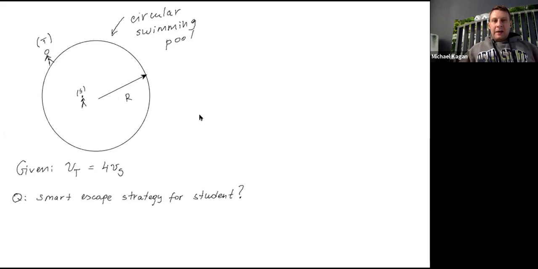So the follow-up question, I'm going to pose it and then we can discuss it some other time, because there is a smart way to circumvent all the variational calculus for this specific problem, just by some coincidence, I guess. Obviously, if the teacher runs very fast, let's say his speed is 10 times the swimming speed of the student, then there is no strategy for the student to escape whatsoever, right?